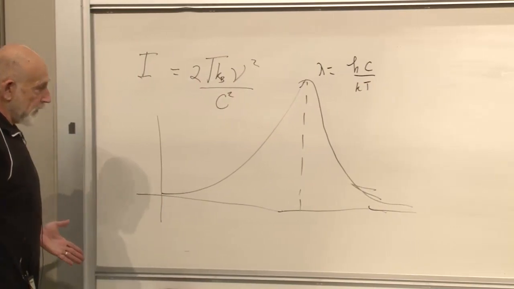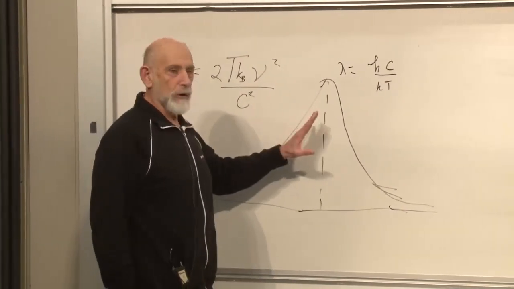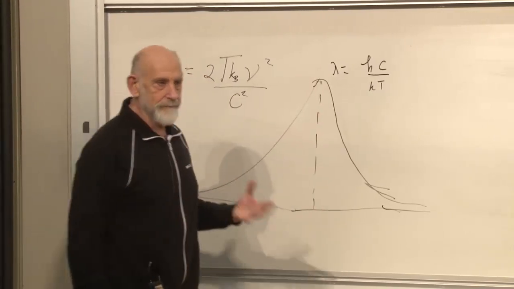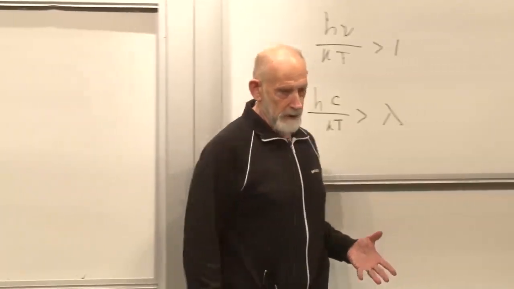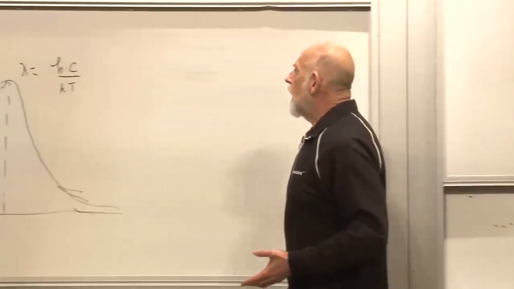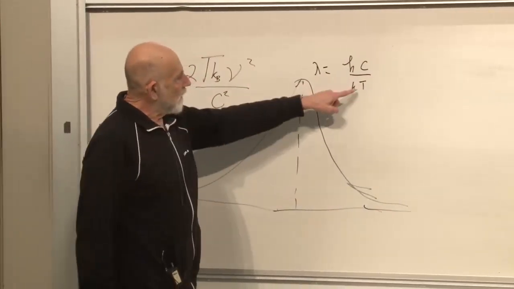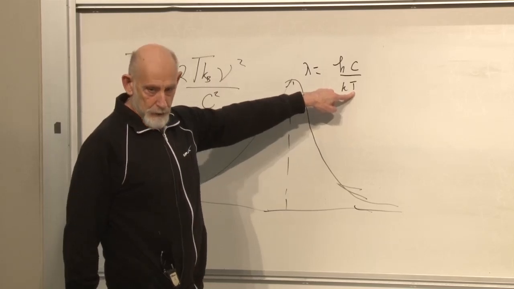That's the crossover point. And more than that, that's where most of the power is. Most of the power, most of the energy density, or at least the largest part of it, is contained in wavelengths that are proportional to 1 over the temperature.